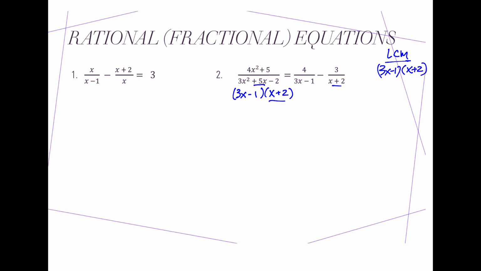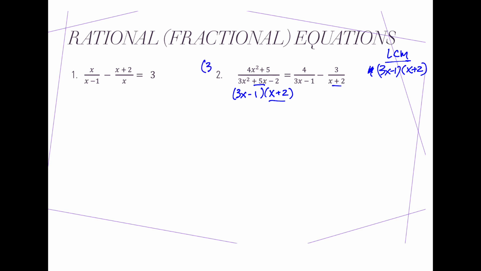I don't have to take x plus 2 squared, and I don't have to take 3x minus 1 squared, because neither of these individually was squared. It's just if they're present. And then if there were any other factors present, I would want to take those as well. So if I had an x out front, x would also need to be a part of the overall LCM. But all I had was these common factors, and so this becomes my LCM.